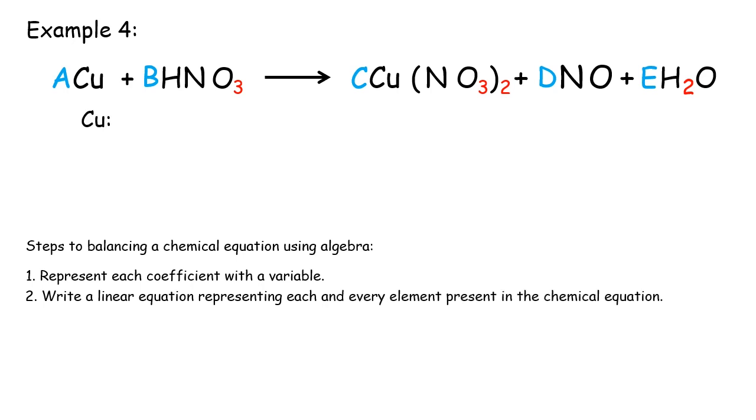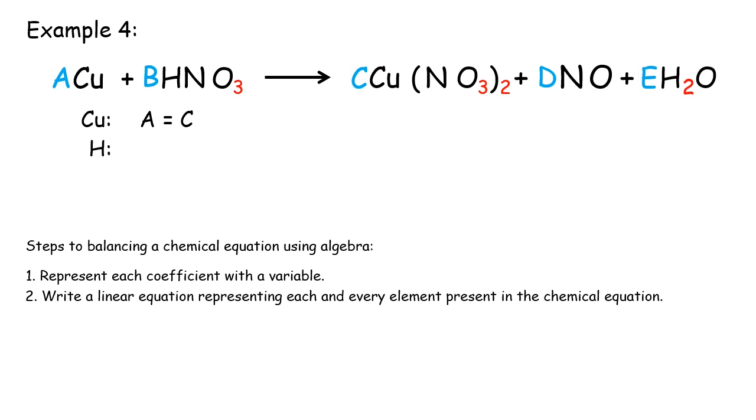For copper, our equation will be A equals C. Looking at copper in the chemical equation, you will notice that elemental copper has a subscript of 1, multiplying it by A, its coefficient, gives us A. On the right-hand side of the equation, copper also has a subscript of 1 in cupric nitrate, multiplying it with its coefficient C, gives us C. Because it is an algebraic equation we need to replace the arrow with the equal sign.